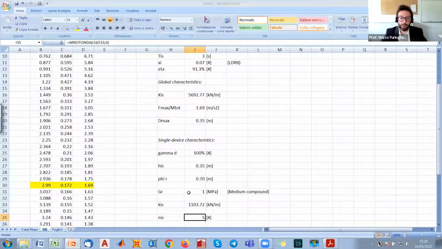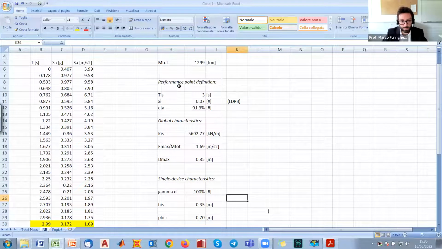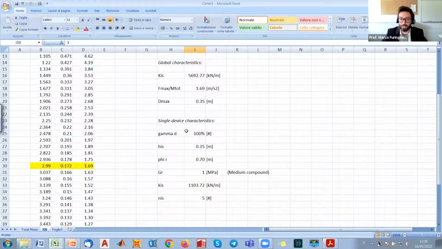So the first parameter that we have to change, whenever we need many more isolators, maybe could be the period, which defines the performance point. Maybe 3 seconds is too high to provide the proper number of isolation devices.